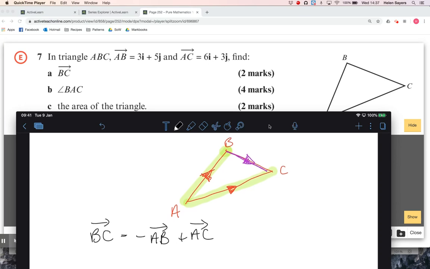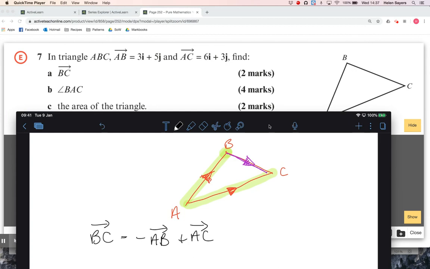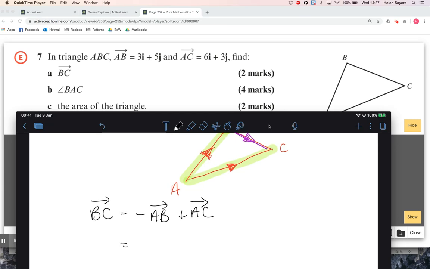Okay, so that is going to be minus AB, and AB was 3i plus 5j, and AC was 6i plus 3j. So looking at my i vectors, that's going to be minus 3i plus 6i.